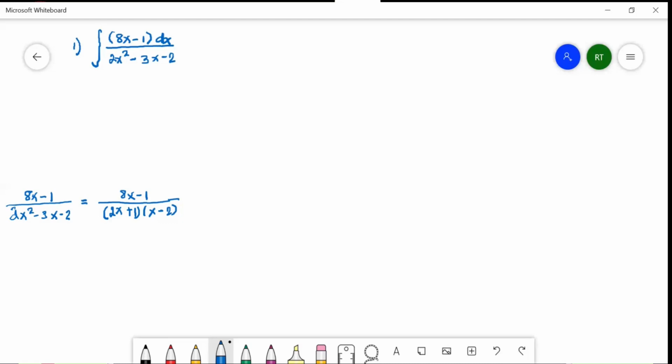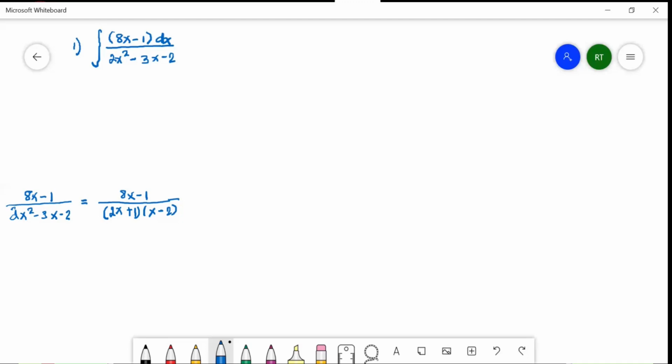And according to the rule, for every distinct linear factor in the denominator, there corresponds a partial fraction in the form A over the linear factor.